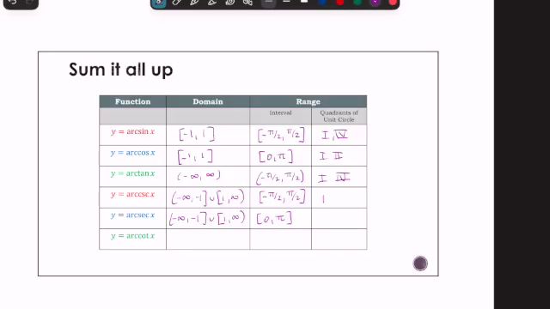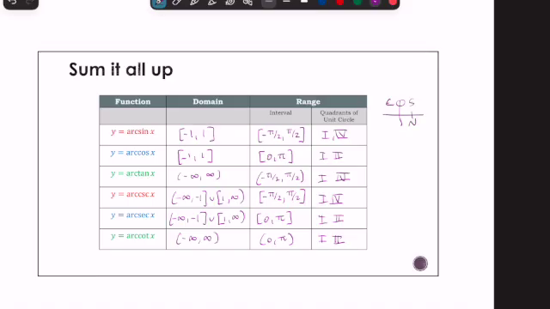Arc cosecant is also 1 and 4. And arcsecant is 1 and 2. Arc cotangent is going to be negative infinity to infinity, kind of like tangent, and then 0 to pi, but not inclusive because sine of pi is 0. And we're looking at 1 and 2.